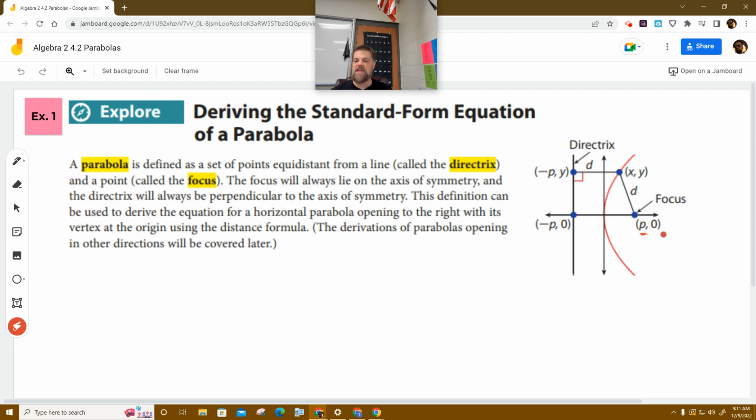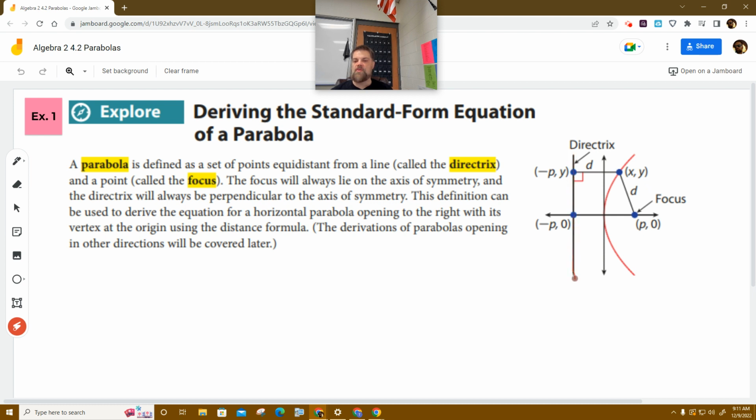We call it P, comma, in this particular case, 0 because it's on the x-axis. But it's P, comma, some sort of value. And then the point on the parabola is equidistant from here to here and here to here. In other words, the length from here to here we'll call d for distance, and the length from here to here is d.